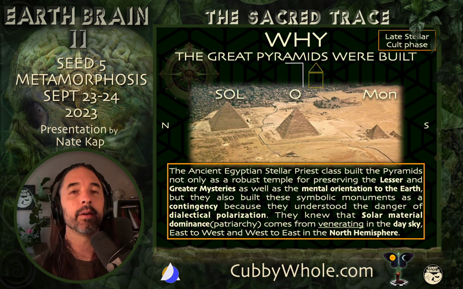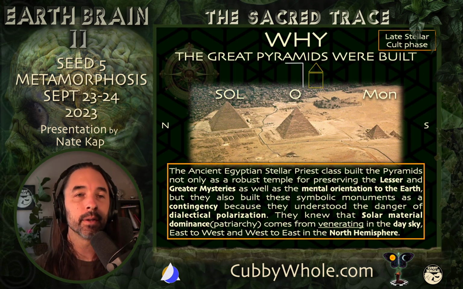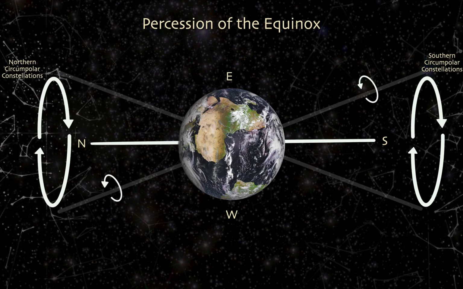Because, like I said earlier, the stellar people started in the southern region, the southern part of Africa, the southern hemisphere of the earth. And they were venerating in the uranography, the mapping. They had an uranography mapping of the stars that they venerated in the southern circumpolar constellations around the South Pole.